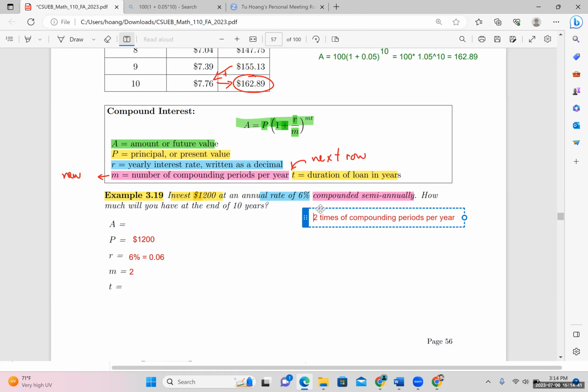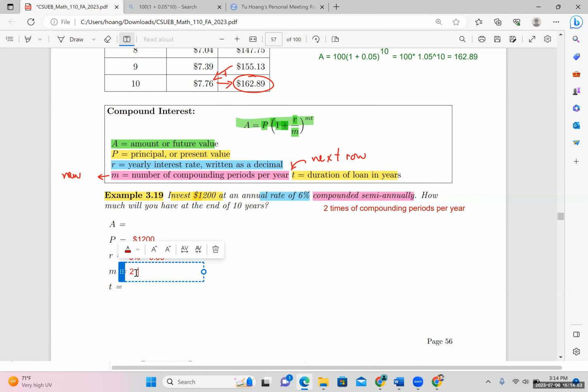The meaning of semi-annually is 2 compounding periods per year. And next one, T.